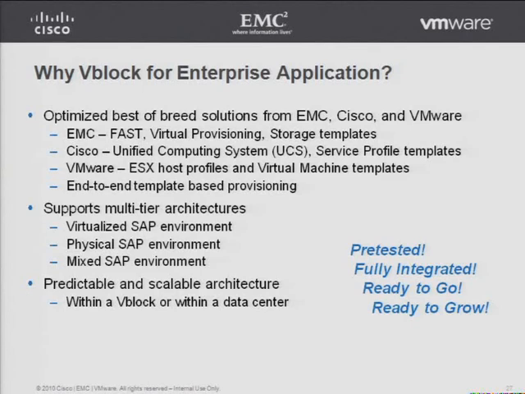As business increases and the demand for IT resources grows, you can easily scale your IT infrastructure, either by purchasing another Vblock of the same or a lesser type, or by purchasing more storage or more compute. Vblock is good because it's pre-integrated, pre-tested, fully optimized, and ready to go.